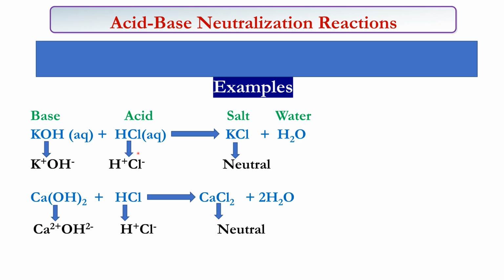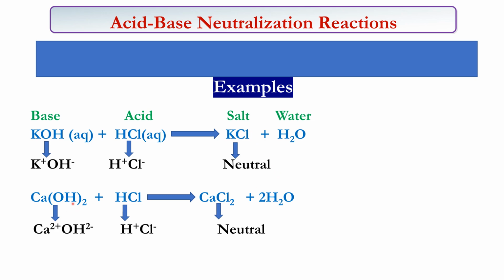HCl has H plus and Cl minus, so one positive and one negative equal 0. This is why we have potassium chloride formed, because there is one negative for chlorine and one positive for potassium, so positive and negative equal 0.